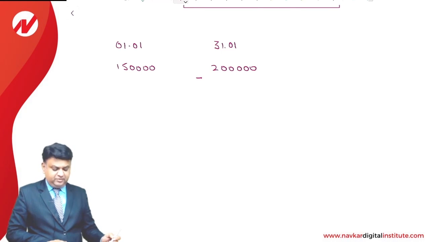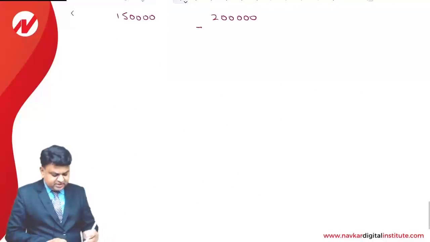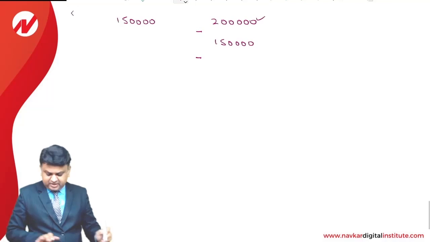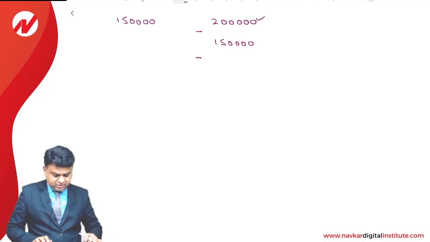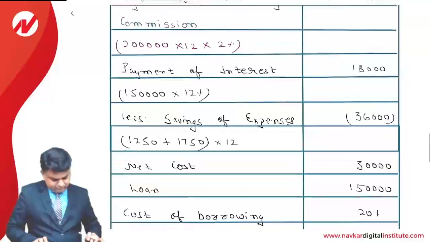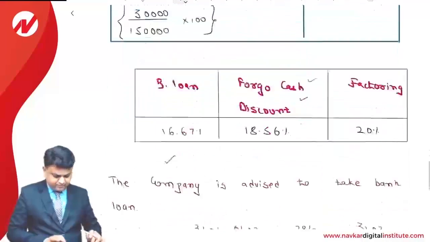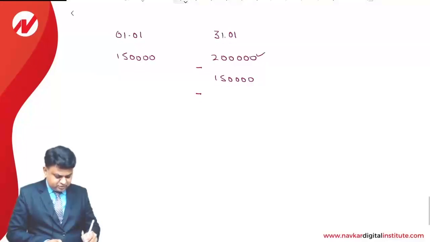Minus, what will the factor do? The factor will deduct this 1,50,000 which has already been provided to you. Minus, the factor will deduct the commission. This 2 lakhs into the rate of the commission, which is 2%. That comes to an amount of 4,000.